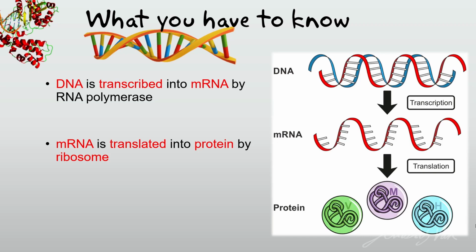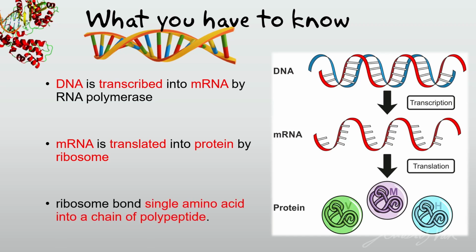Ribosome is inside your syllabus, and it is one of the non-membrane organelles that is found in your cell. And the function is to produce protein. And how it produces protein is by translation. So your ribosome will bond single amino acids into a chain of polypeptides. And that's about all you need to know about how DNA codes for protein.